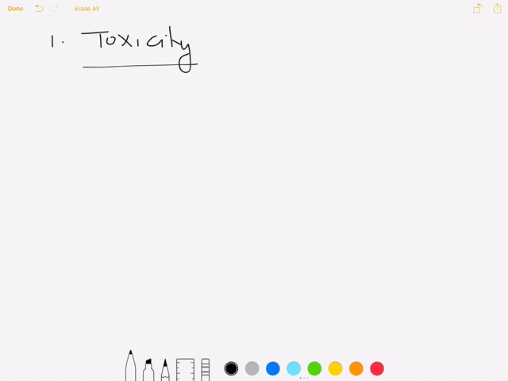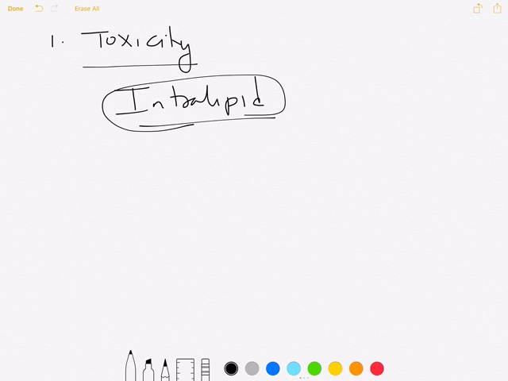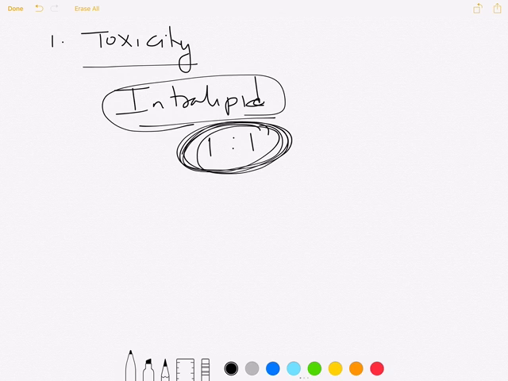So if you have signs of toxicity, there's a drug called intralipid. Intralipid is a lipid that binds to the local anesthetic molecule. So it's one-to-one binding of intralipid to a local anesthetic molecule, and this complex is inactive. So intralipid is actually a sink for a local anesthetic.